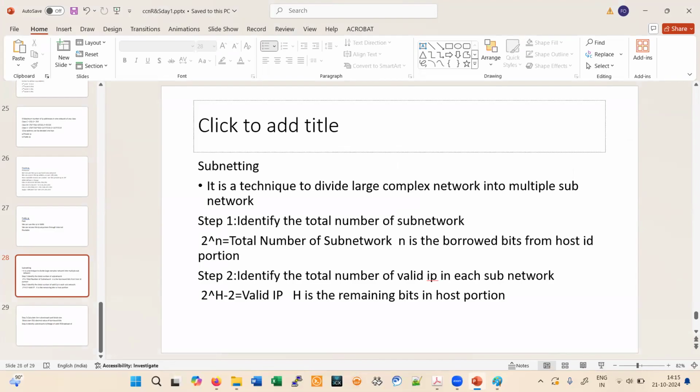Then there are four steps to do the subnetting.